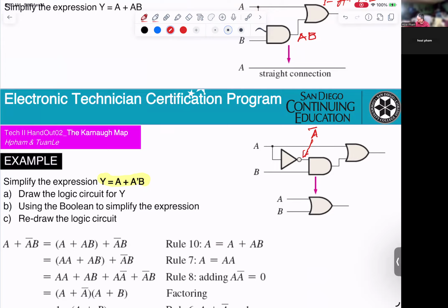And in here, A not and B. And the output will be not A and B, not A, or not A, B. Okay?